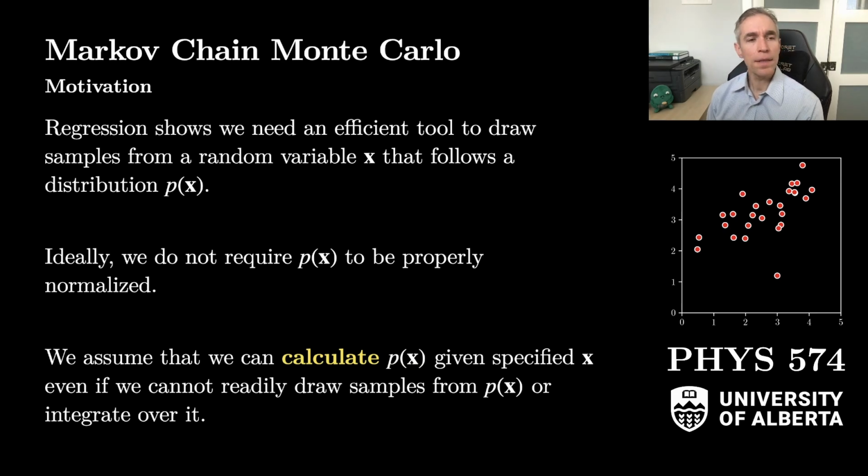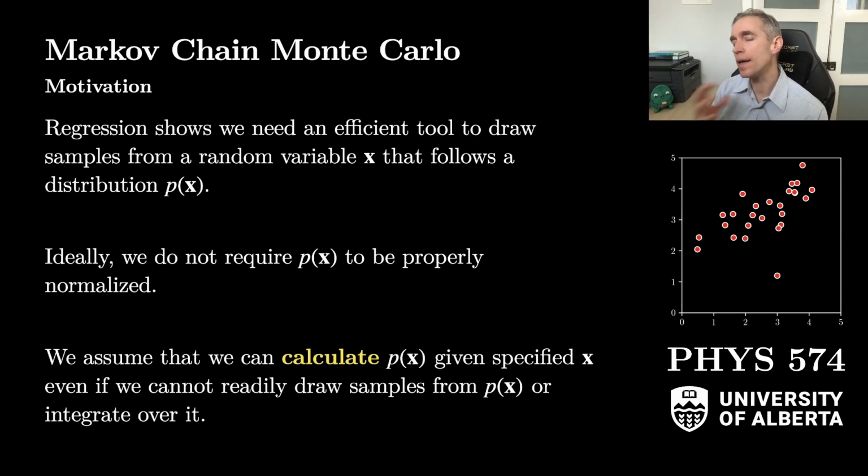Note that in my notation here, I'm assuming X is some big vector-valued input to our function, and we're going to get a scalar probability density function as an output.